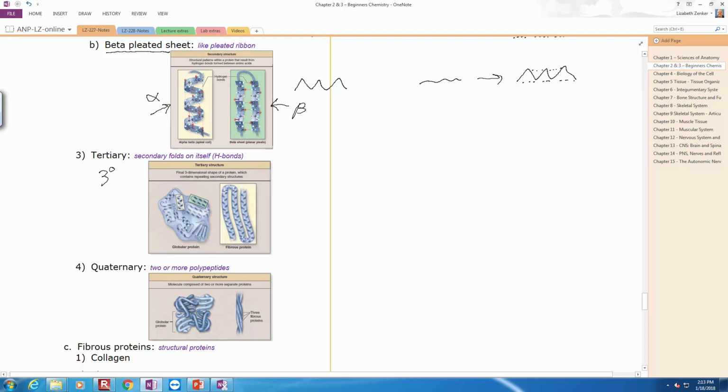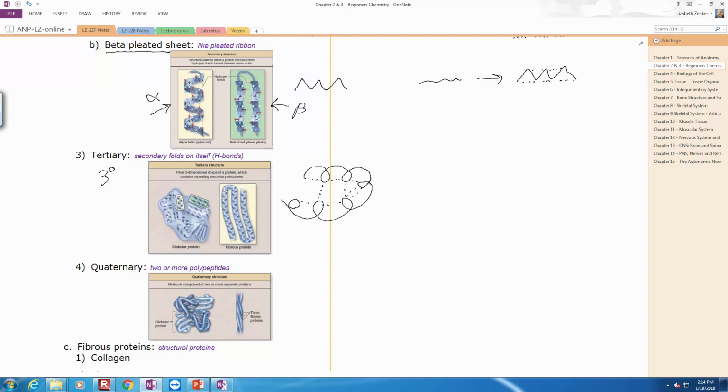And basically, it would be like having your alpha helix fold up. And instead of just having hydrogen bonds that were part of its secondary structure, now it can form hydrogen bonds across to other areas. So it's holding it by these hydrogen bonds and other bonds into a different shape now.